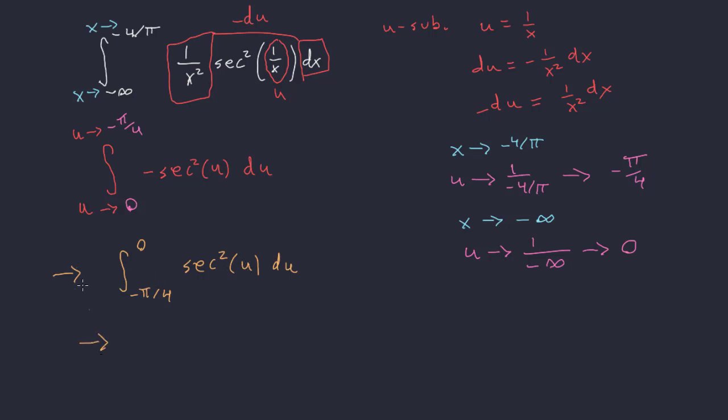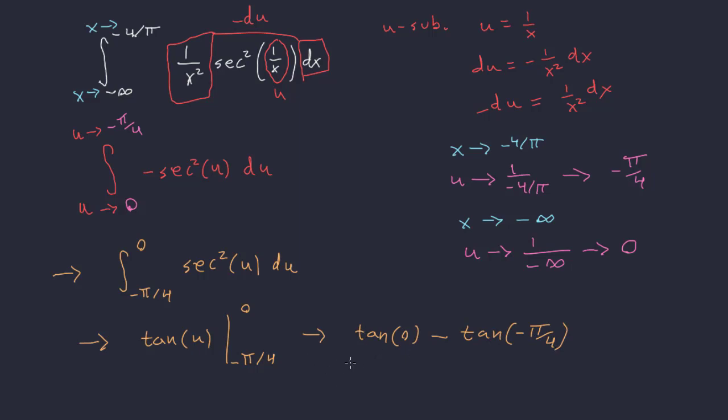Notice I'm putting arrows here because we still have this infinity. We've just rewritten how it's represented. So we'll have tangent of u, and we'll evaluate that from negative pi over 4 to 0. So it'll be tangent of 0 minus tangent of negative pi over 4.